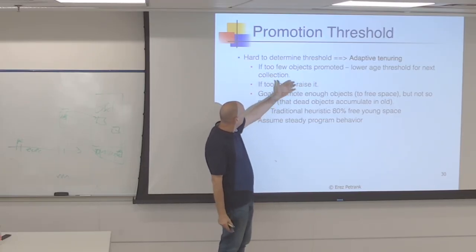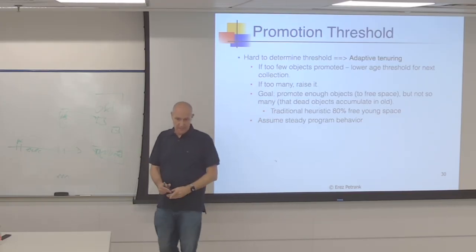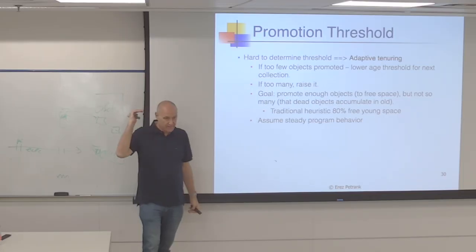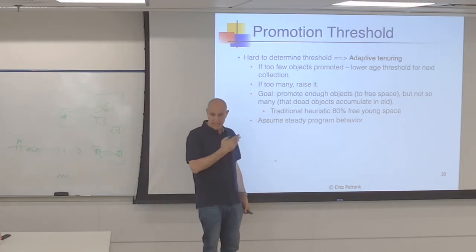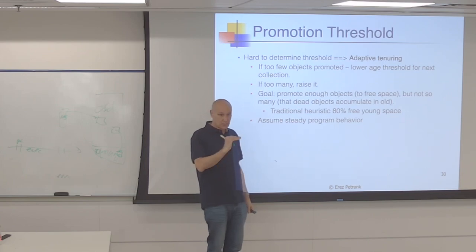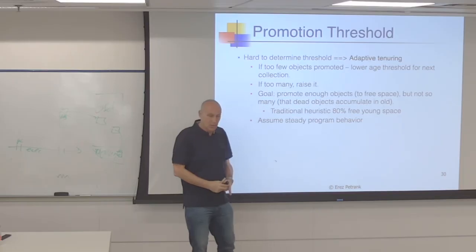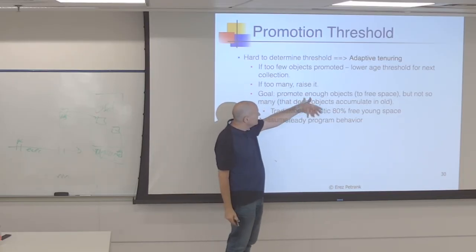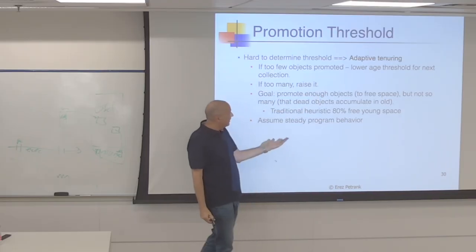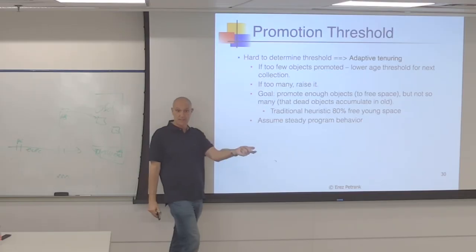So we look at what happened in the collection when it's done, and we say, if you promoted too much, then we want to promote less in the next generation, so let's put the bar higher for promotion, and then fewer objects will be promoted. And so I can just raise or lower the bar depending on what happened in this collection, and it will affect the next collection.